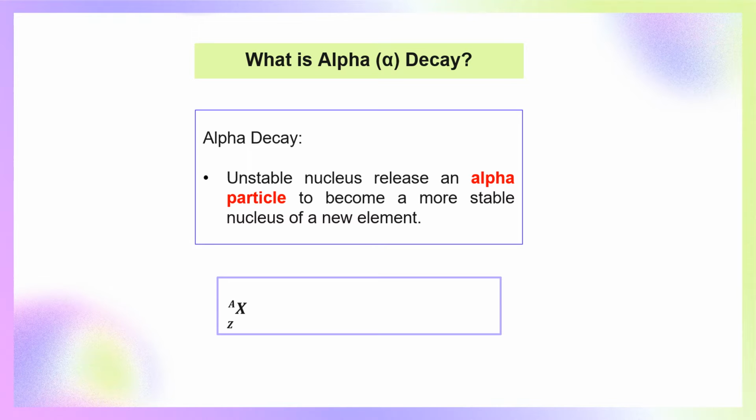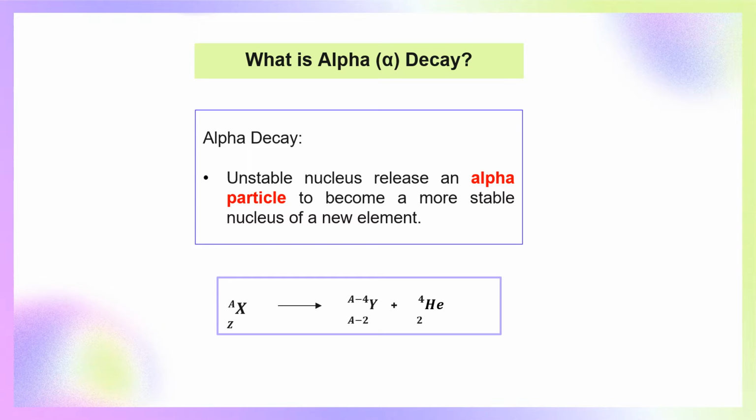X here is the parent, A is the nucleon number, and Z is the proton number. The unstable parent will undergo radioactive decay and produce the daughter, which is a more stable nucleus, and it also will produce helium, or we can call it an alpha particle.